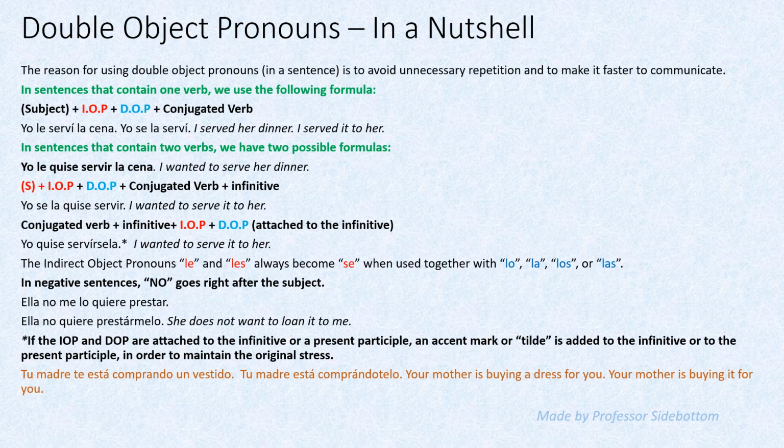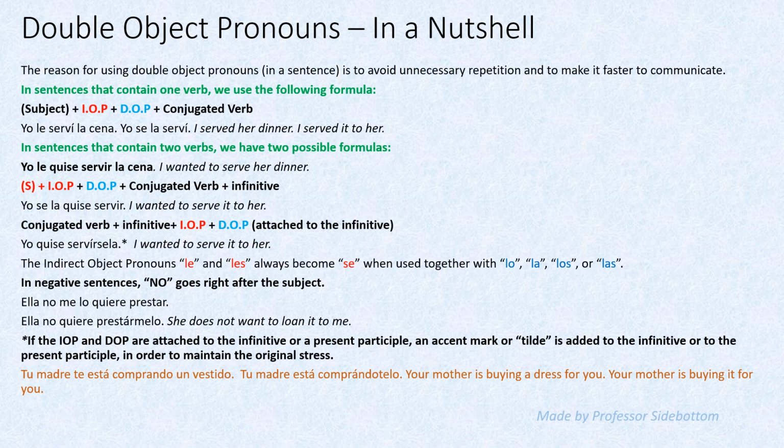So a statement like yo le quise servir la cena, I wanted to serve her dinner, can become yo se la quise servir or yo quise servírsela. I wanted to serve it to her. The indirect object pronouns le and les always become se when used together with lo, la, los, or las.